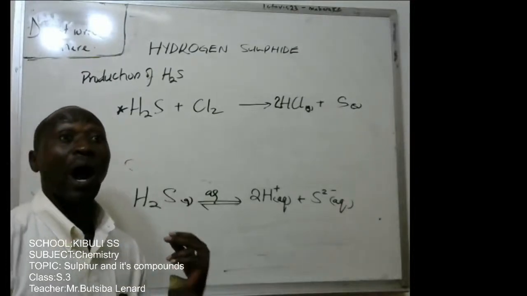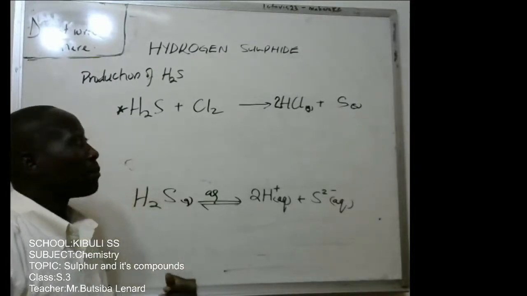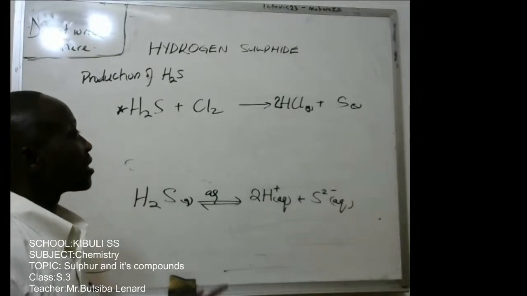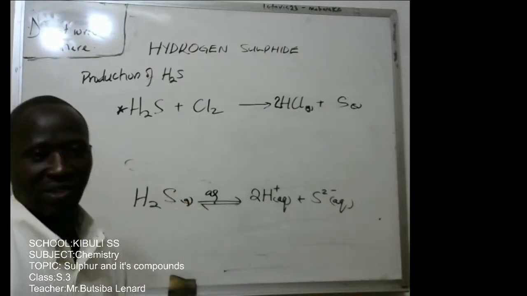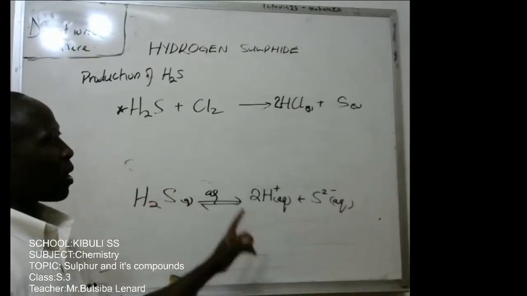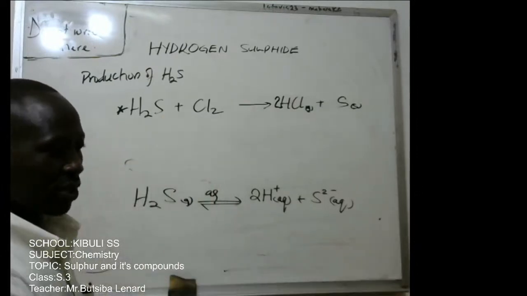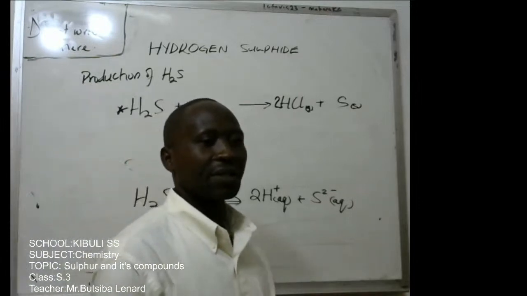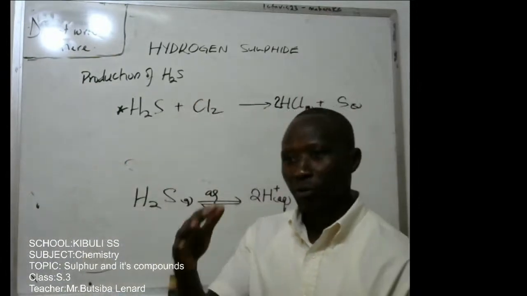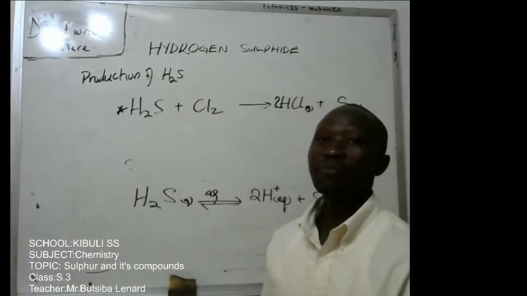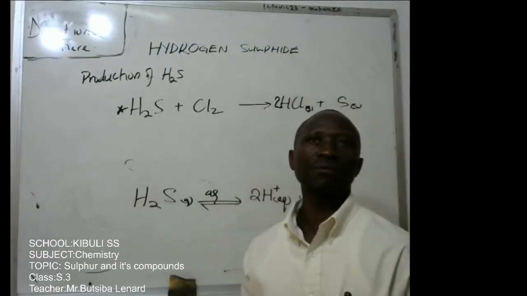Number 2, how do you test for it? Number 3, know that it's a very poisonous gas. And one good chemical reaction is that chemical reaction, and we shall proceed to the next. So that is how brief I promised I would be, and I am, on hydrogen sulfide.